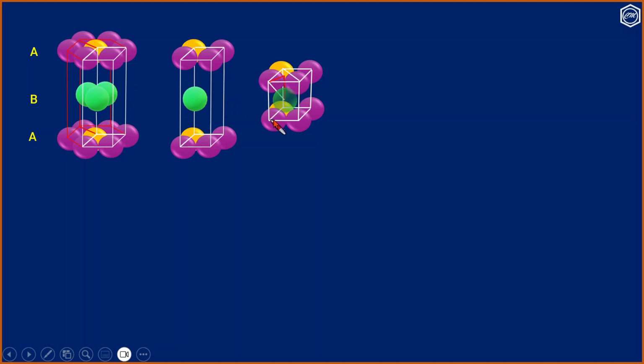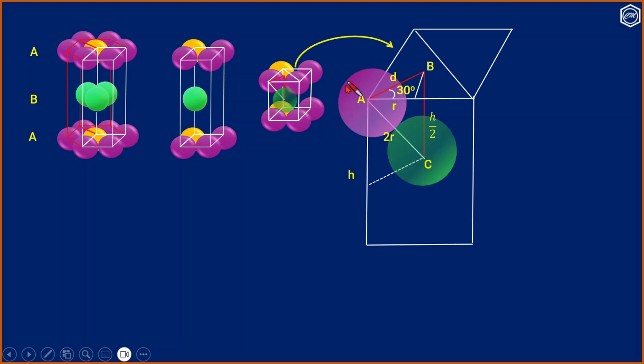Now this is a unit cell in hexagonal close packing, there is a middle atom here. Now we consider this red line, it passes through the center of this transparent green atom, I made it transparent. Now I remove this part and I enlarge it.